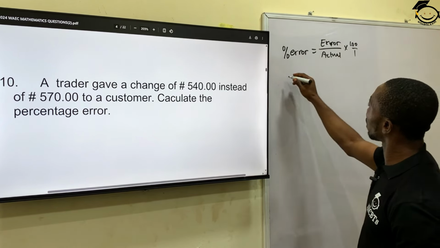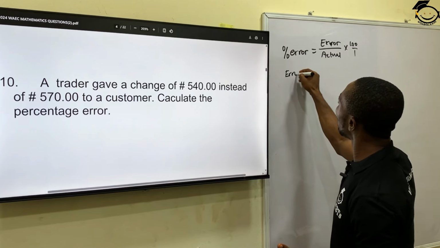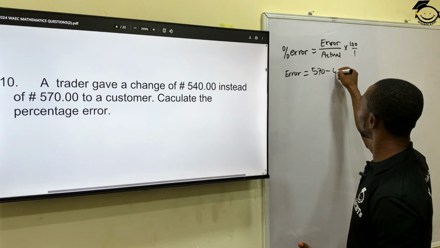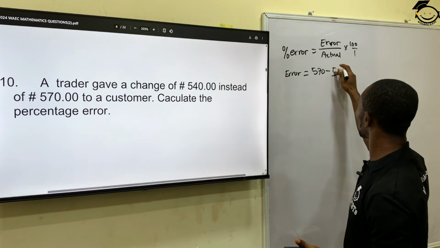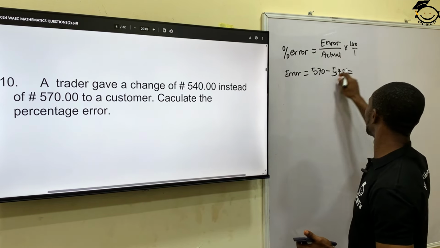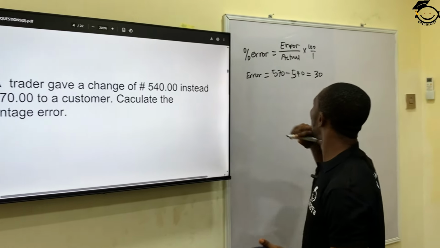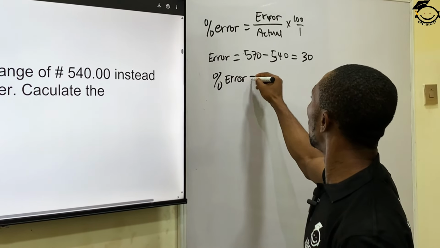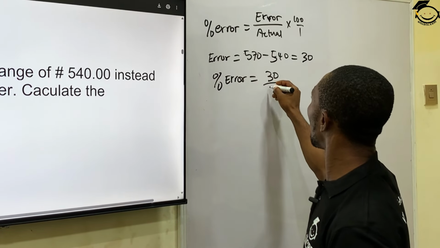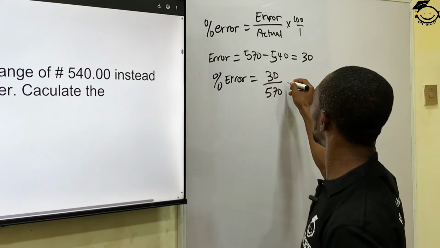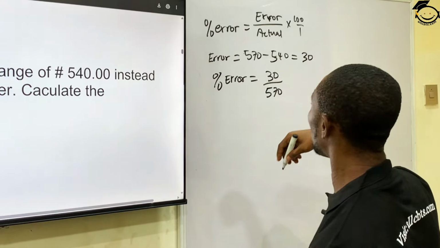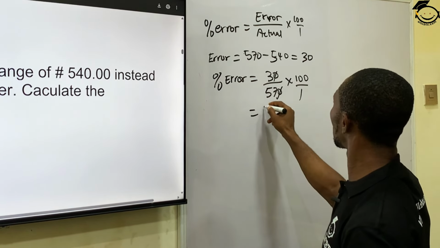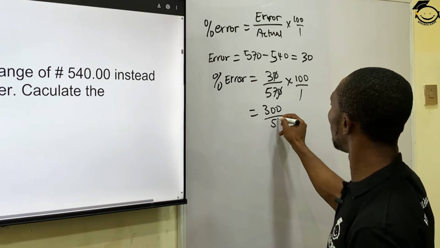Now, for us to calculate our error, it equals 570 minus 540, which will give us 30. Now, our percentage error will become 30 over 570, which was the actual amount we were supposed to give to him, times 100 over 1. So this becomes 300 over 57.